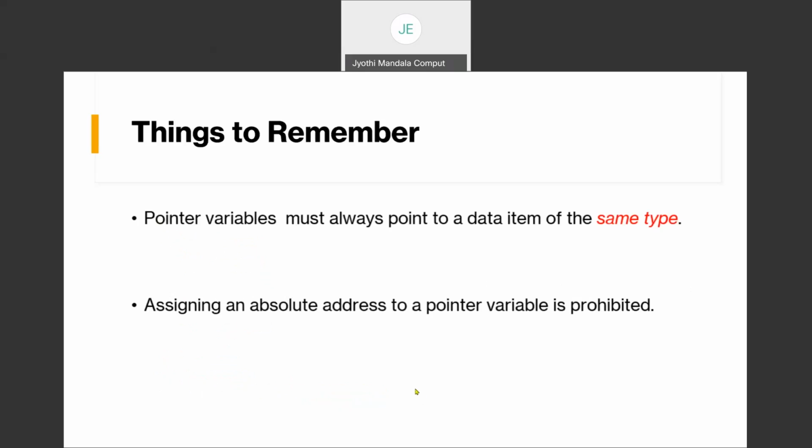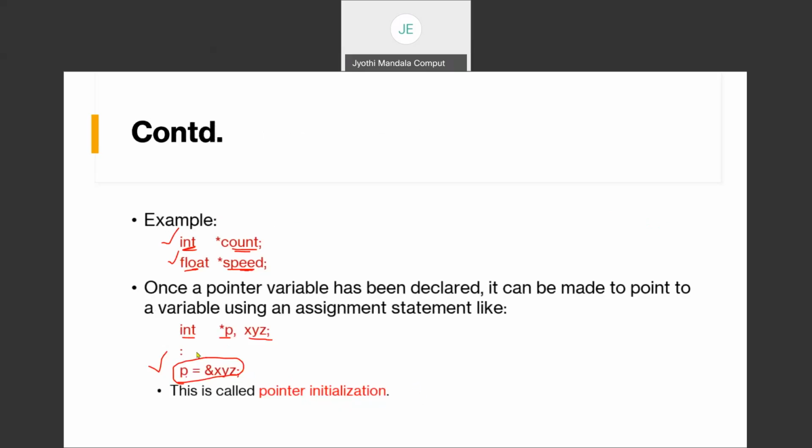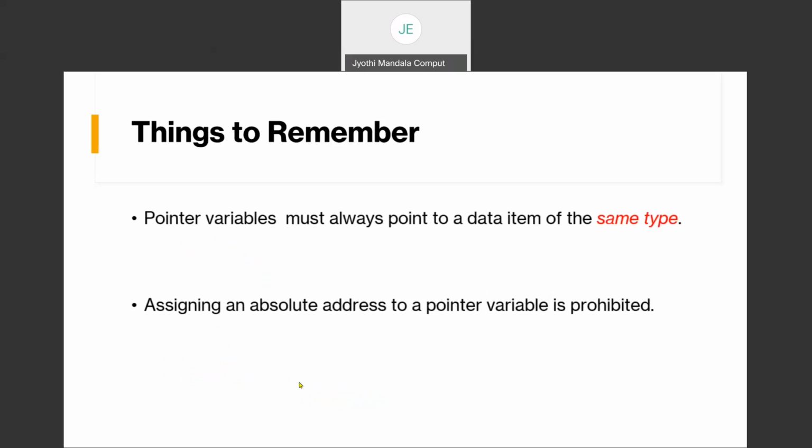Right? So whenever you are doing initialization, you need to make a note of the third point I have highlighted there. Suppose you have declared a variable as float x and a pointer variable as int *p. Now if you try to write like this, it is illegal, because the data type of p tells us p can hold the address of a variable that should be of integer data type, but we are trying to store the address of a float variable.